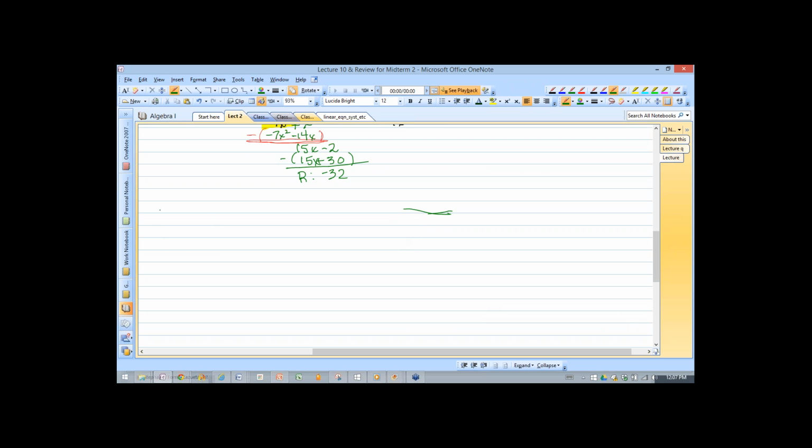Okay, so last example of the day, let's say factor and cancel. In other words, factoring means simplifying, right? Canceling means simplify. So really the directions could say simplify.